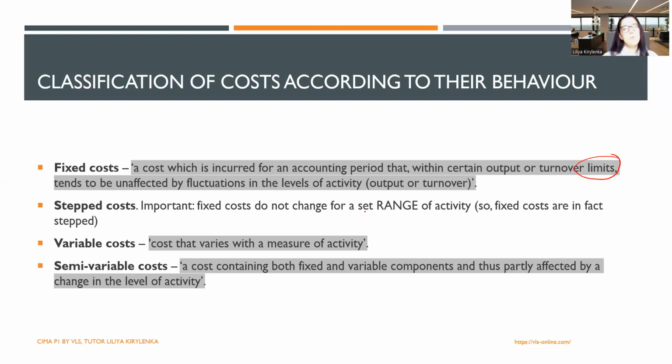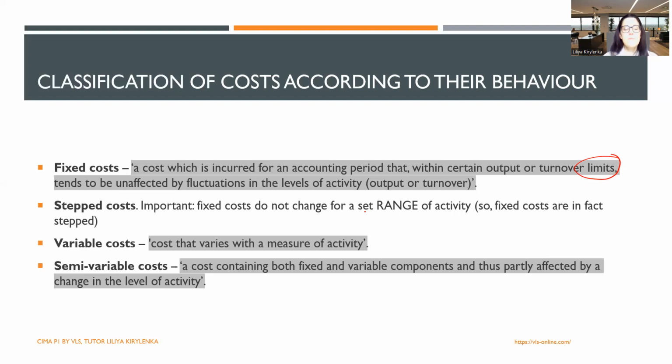And if you want to produce more than 2,000, then you are going to rent another factory and so on. So they are fixed, but fixed means that they are not affected by the changes in activity within a certain limit, within a certain range. But it does not mean that they are fixed forever.